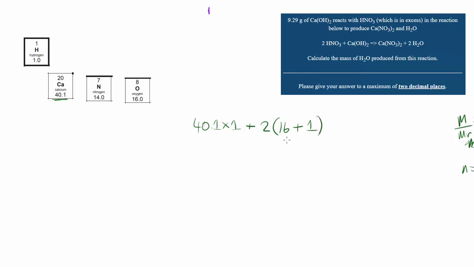So this would give us the MR of the CaOH2, right? So I'd invite you to work out what that's going to be. If you do that, you should find that you get 74.1, right?